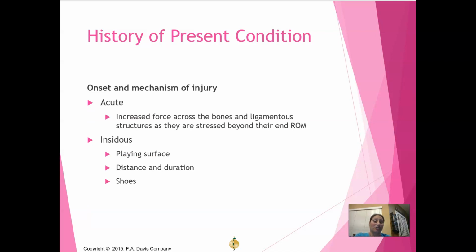I have talked about shoes. We should talk about distance and duration and the playing surface that they're on. My fear is when we're coming back from this pandemic, I don't know if everybody has been working out like they should have, or as hard as they normally would when they have teammates and other people pushing them and the kind of competition that goes with that.